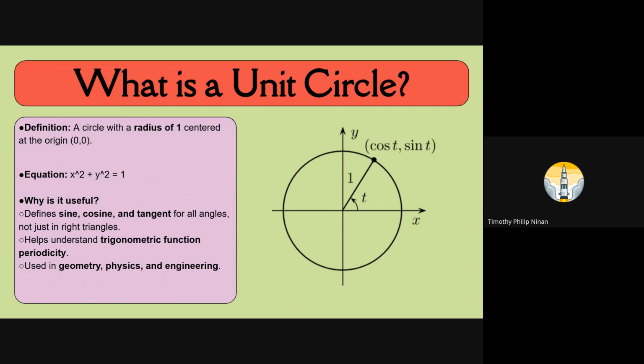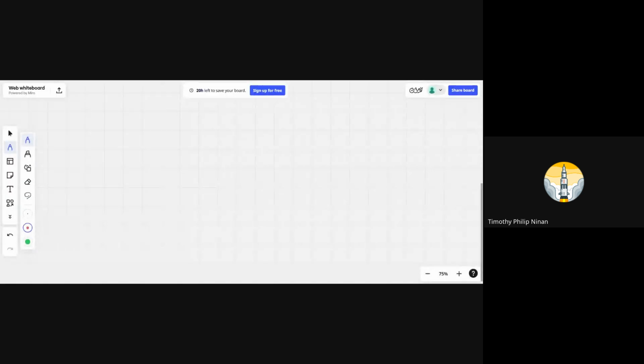So the thing is that, let us imagine this is the number line. So if we take a radius of 1, I'm sorry, the picture is not perfect. Let me try to use a better way.